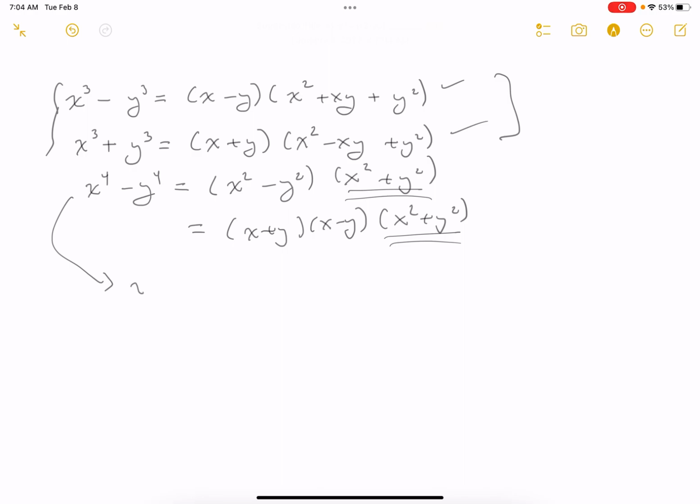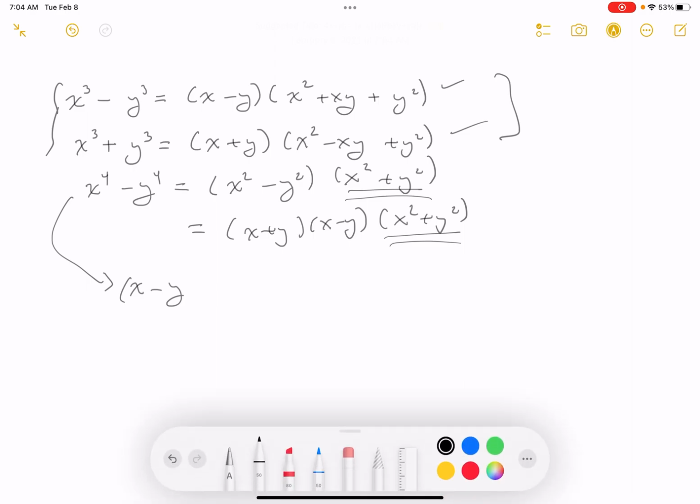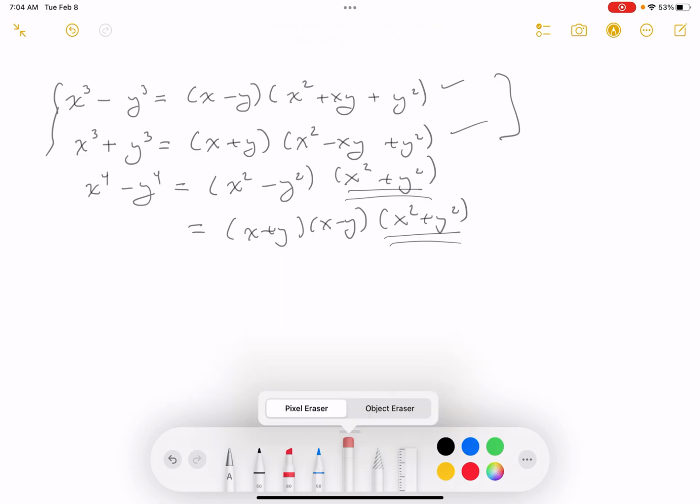I'll write that down for you. I'm sorry, I have to rewrite it. Let me just write that down again. So I'm going to say x^4 minus y^4 is x minus y times... again, I'm looking at a pattern, and I'm looking at this pattern over here.